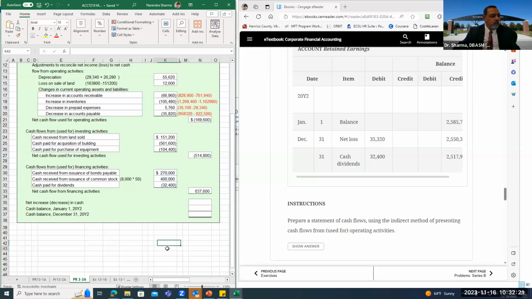All right. Now, as you can see, we have borrowed money, but we have used that money to buy some property. So that is a good sign. Only thing bad sign here for this company is that the cash from operating activities are negative, which is not a good sign because we want to generate positive cash flows from operating activities to remain healthy.